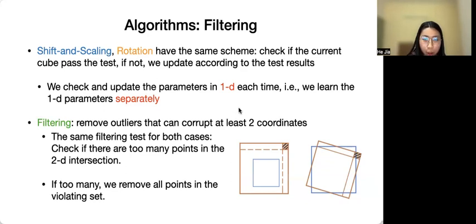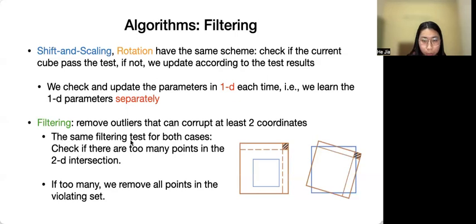So there is another extra step, the filtering step, to make sure that when we add up the error from different coordinates, we don't create a dependence on the dimension. During the filtering step, we'll remove outliers that can corrupt at least 2 coordinates. So if some outlier can corrupt 2 coordinates, we'll just remove them.